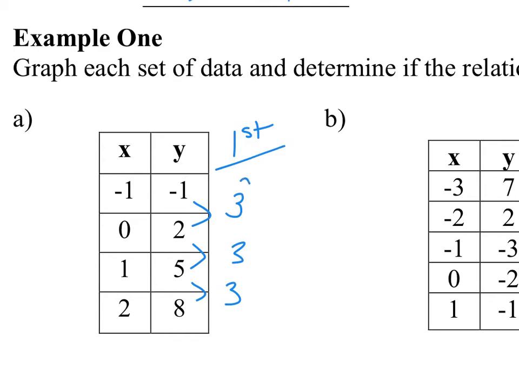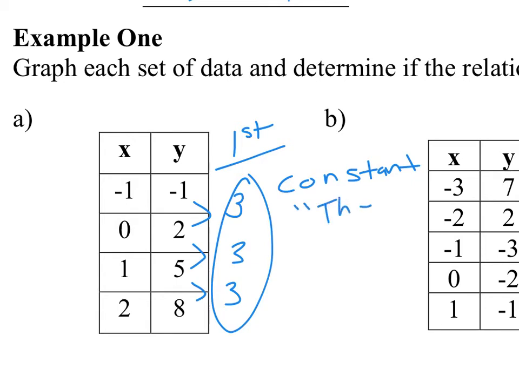Because they're all constant, they're all going up by 3, which is actually my slope, 3 over 1. What does that word constant mean? It means the same. So this is a linear equation. Cool, we know that from last year.